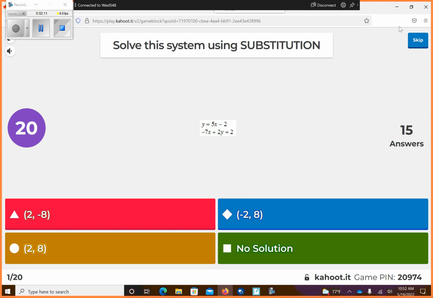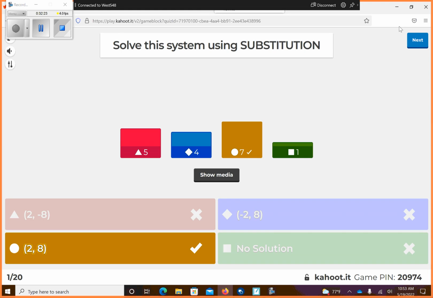Twenty seconds. Seven of you got it, so 2, 8. So you sub one into the other to solve it. You'd be able to get either the x or y first, and then plug your answer back into x or y depending on what you solved.